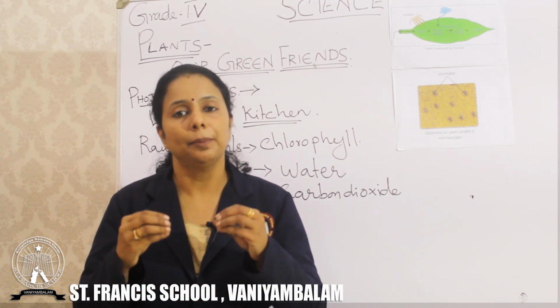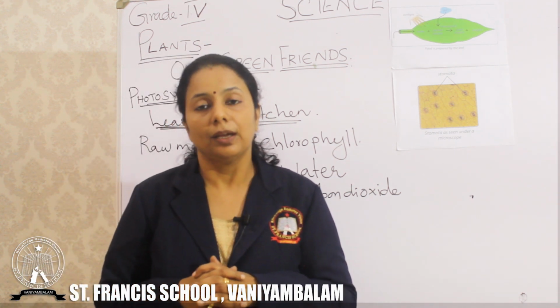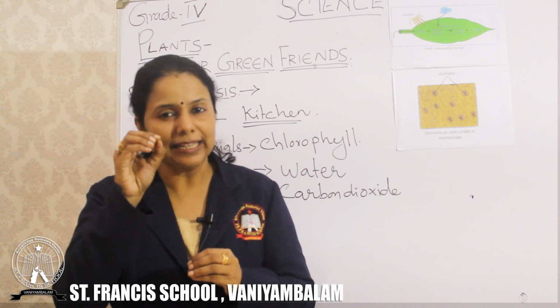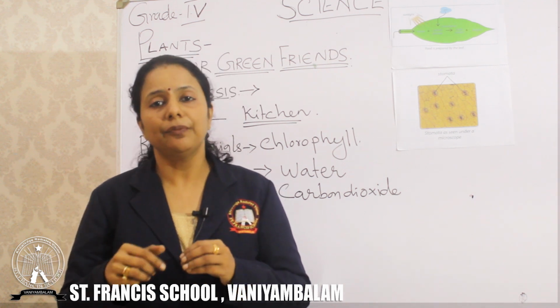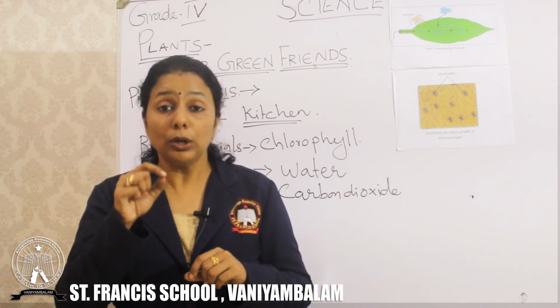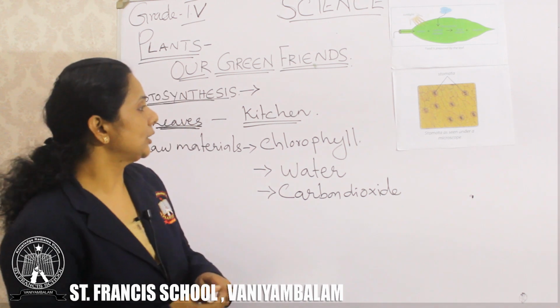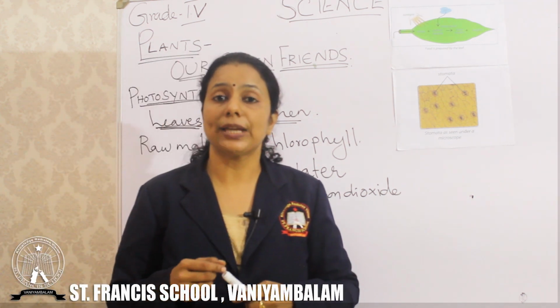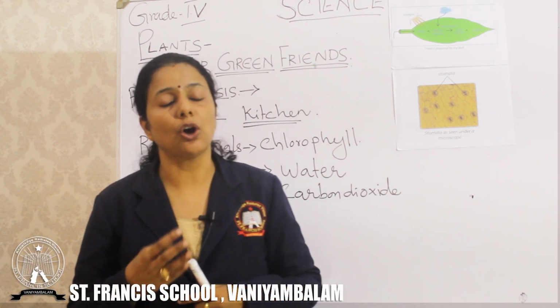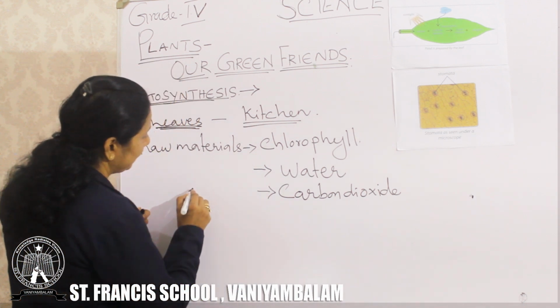These are called stomata and these are very tiny, very small pores we cannot see with our eyes. Only through a microscope we can see these stomata. Okay, so tiny pores on the surface of the leaves are called what? Stomata.